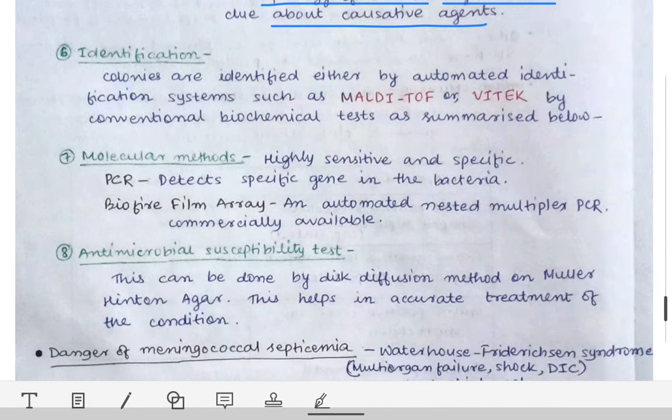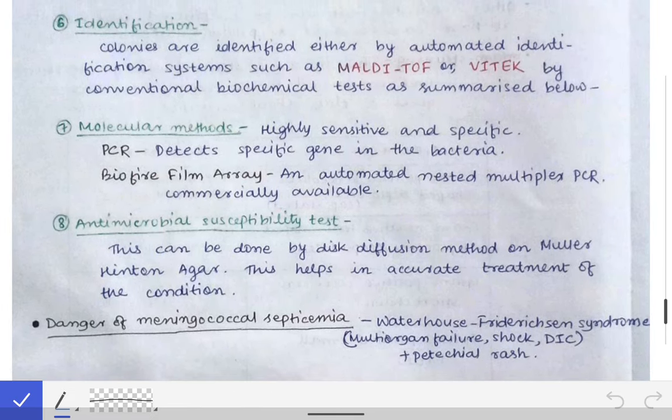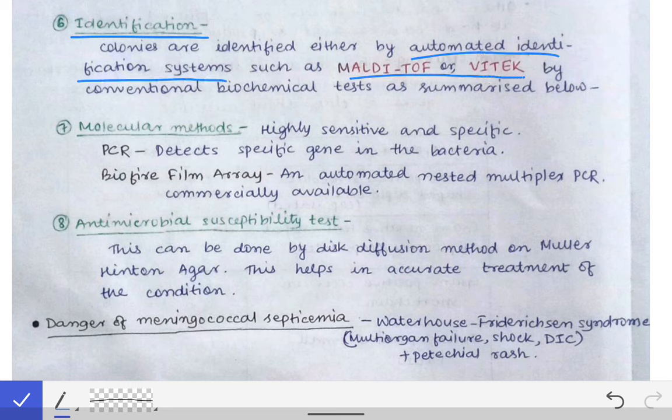Now after all this, what comes next is the identification. So we have to confirm which bacteria it is. For confirmation we can use the automated identification systems like MALDI-TOF and Vitek, or we can use the conventional biochemical tests, which are not commonly done nowadays.